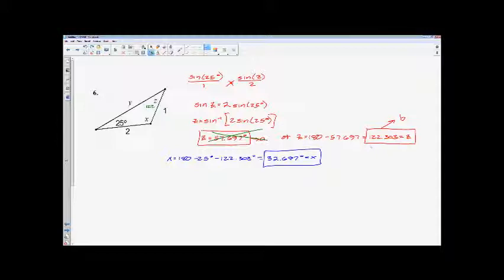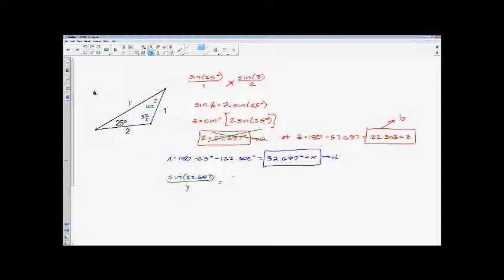Now that I have z and x, I can set up the law of sines to solve for y. And I'm already thinking ahead: x is my middle angle, so I expect y to fall somewhere between 1 and 2. You always need to be thinking of stuff like that because that's how you know whether or not something is reasonable. So here I'm writing it down: sine of my angle x over y will equal sine of 25 over 1.